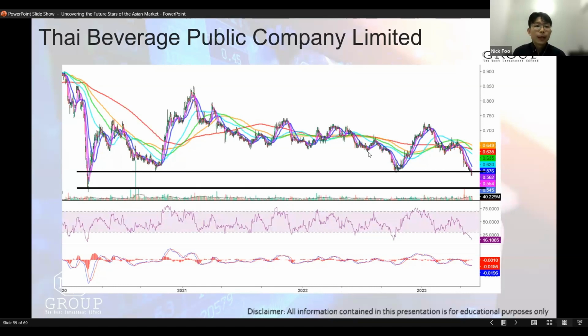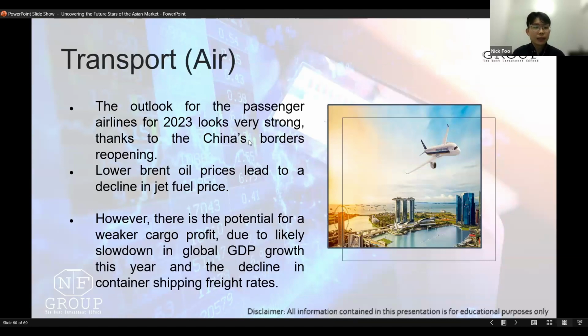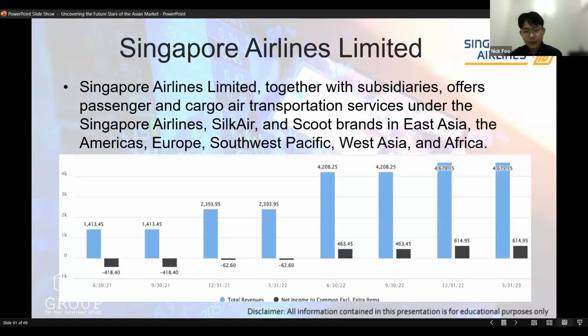Okay, let's look at another sector, which is transport. I think when the China visitors fly to Singapore, definitely they have to take flights. Am I right? So Singapore Airlines. If you focus on 30th June 2022, I think the third quarter, if I'm not mistaken, it managed to turn around.